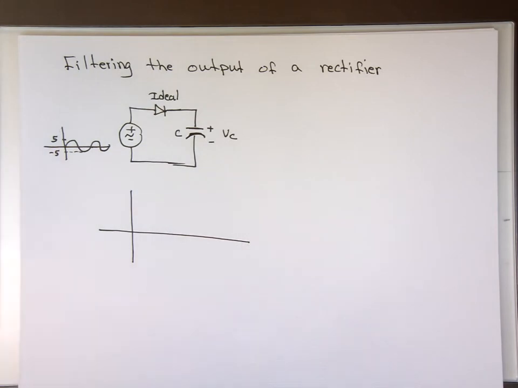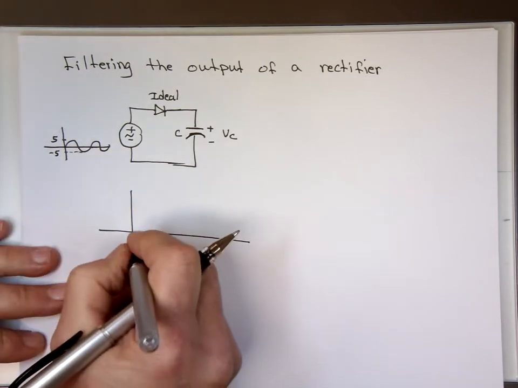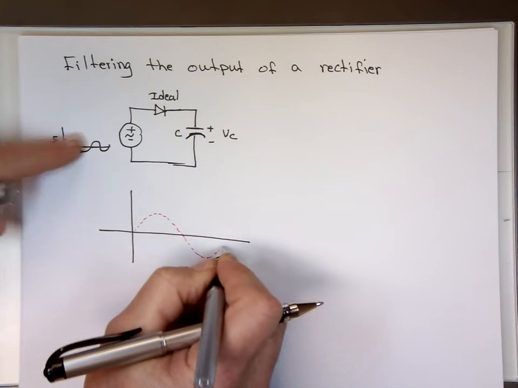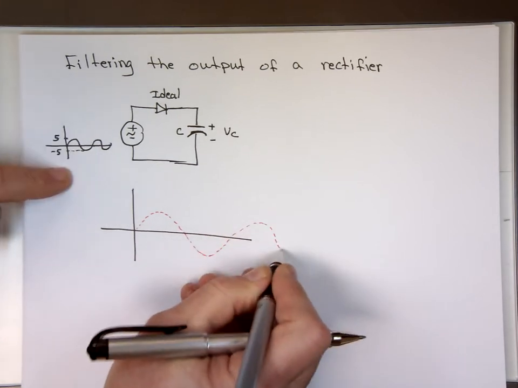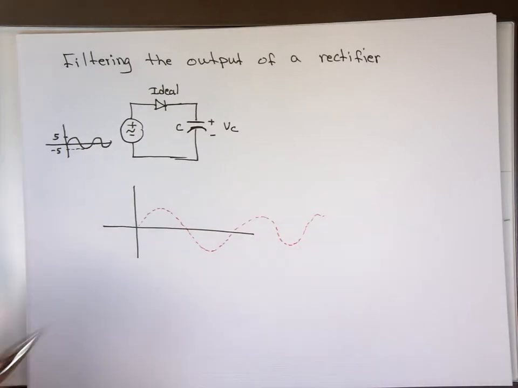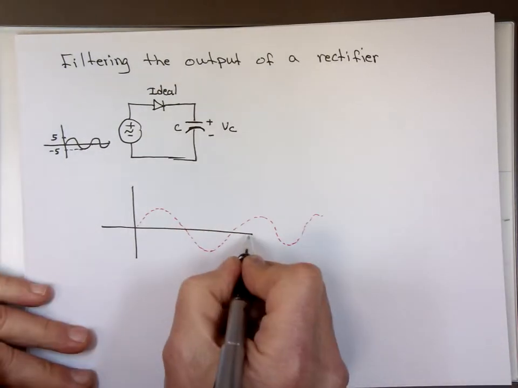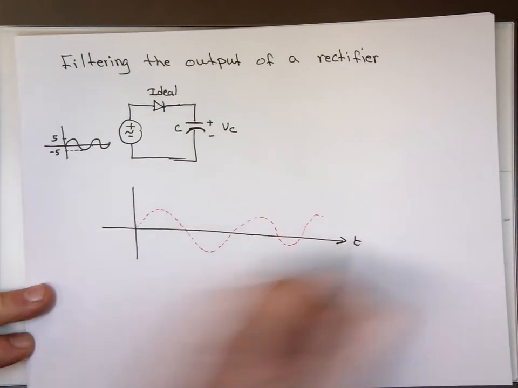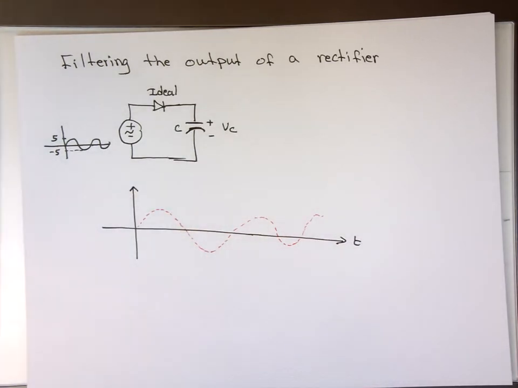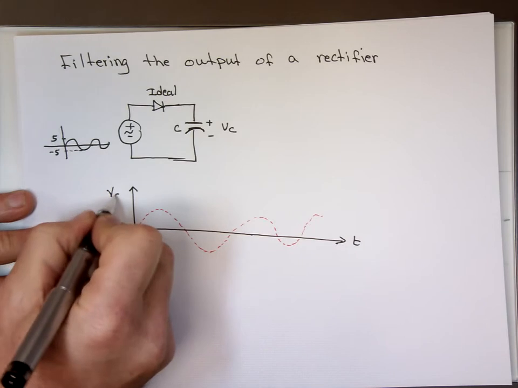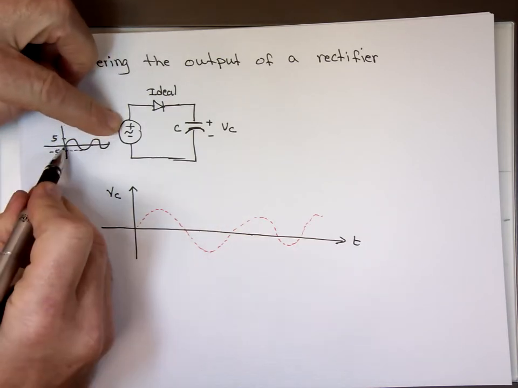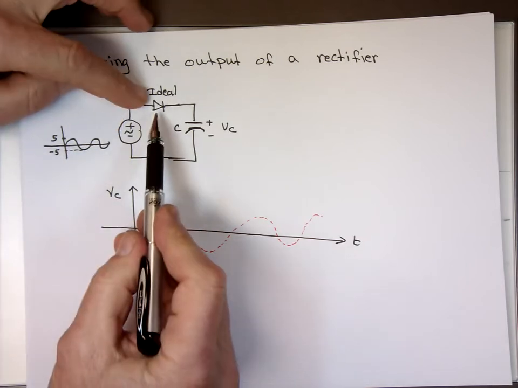So let me enlarge that. So this is the sine wave. That's this signal up there. And it continues. It goes on versus time. So what is VC? Well, once this voltage goes a hair over zero, this diode is going to be a short circuit.